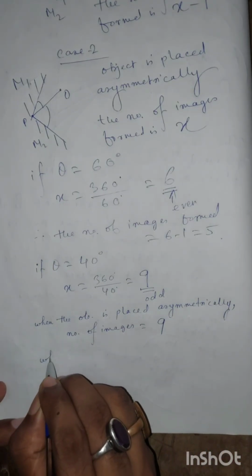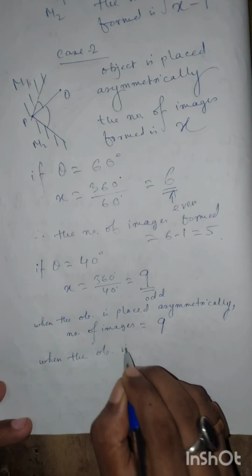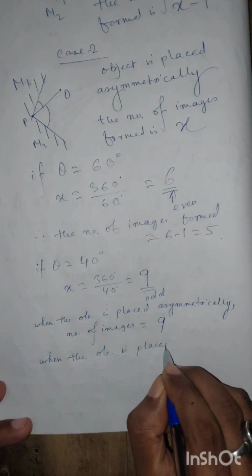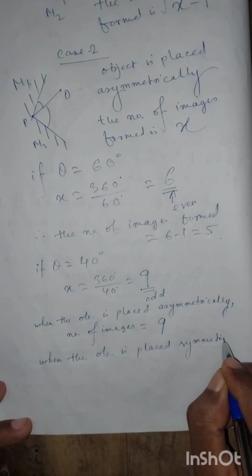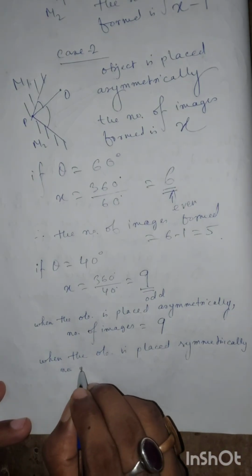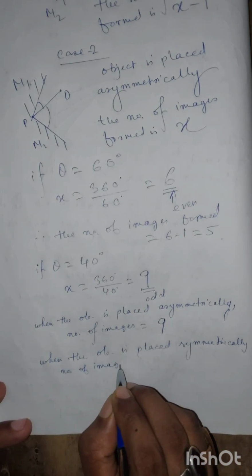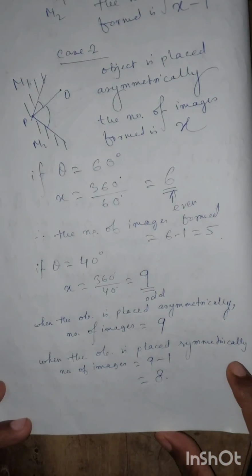When the object is placed symmetrically, the number of images is equal to 9 minus 1, that is 8.